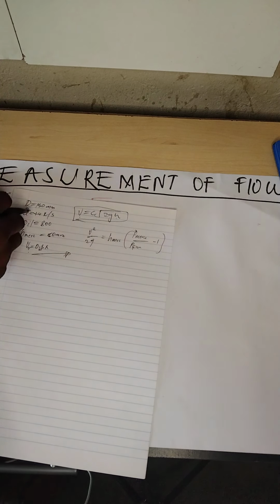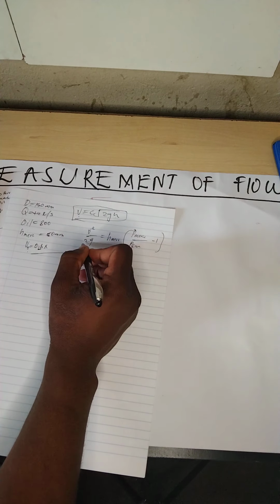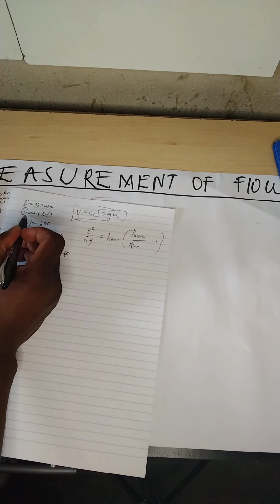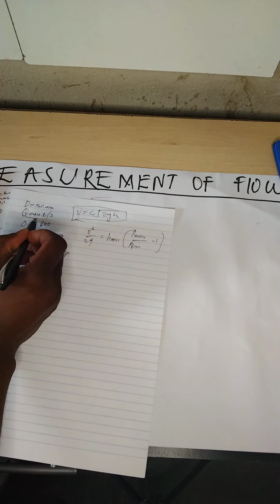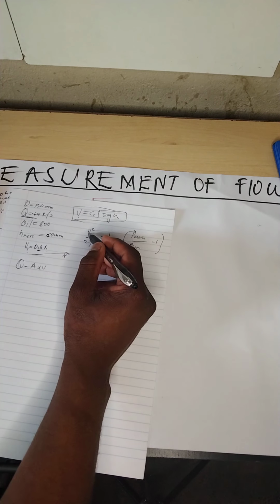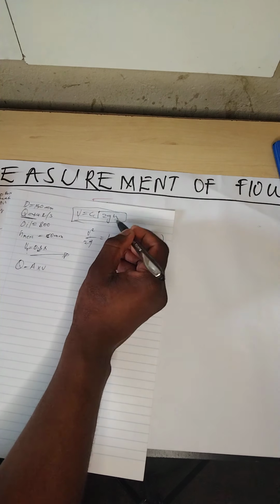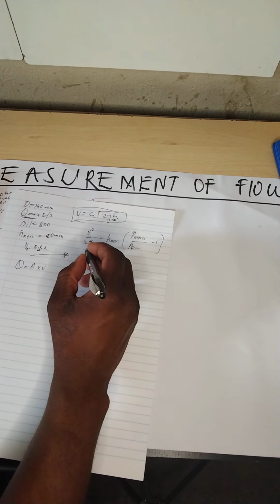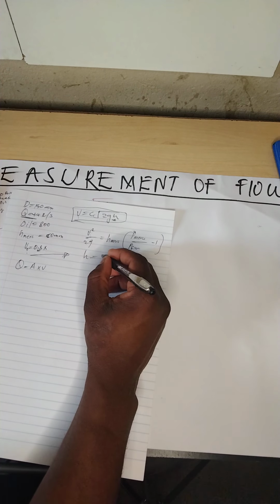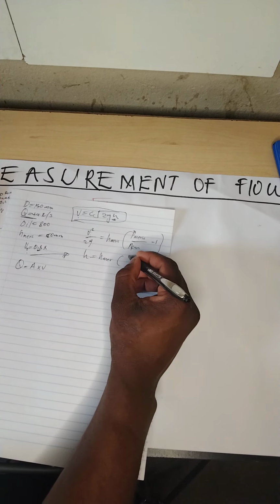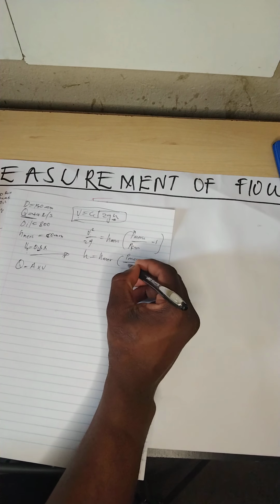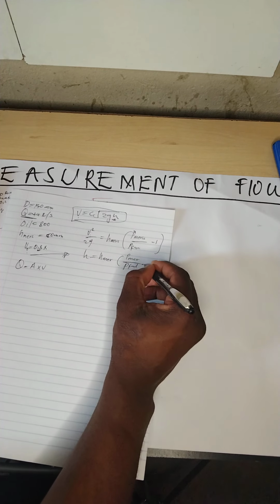If we look closely, one thing I need us to note is that here they gave us Q. If we're given Q, it means Q equals area multiplied by velocity. So we don't have to use this to find velocity. We're going to use it to find height over here. So we're going to say height equals H mercury into density of mercury over density of fluid minus 1.